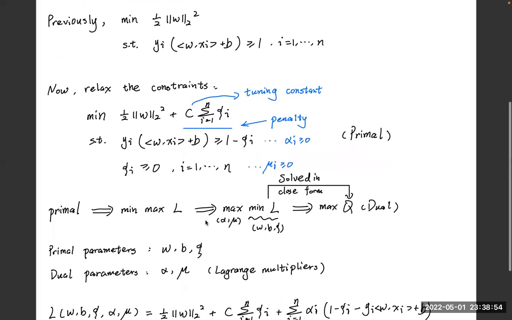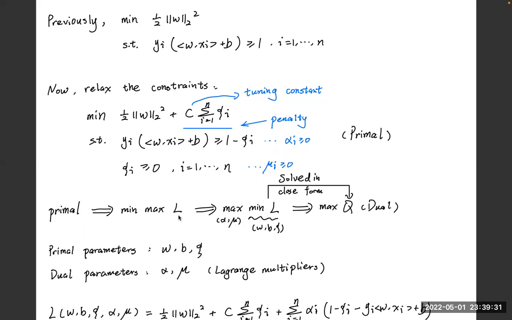And recall that our scheme is summarized by this line. We have the primal problem, which is a constrained optimization problem. We first write this as a min-max of the Lagrangian, where we move the constraints into the objective function in the form of a Lagrange multiplier, which is bigger than or equal to 0, multiplied by a function that is less than or equal to 0, according to the constraint.